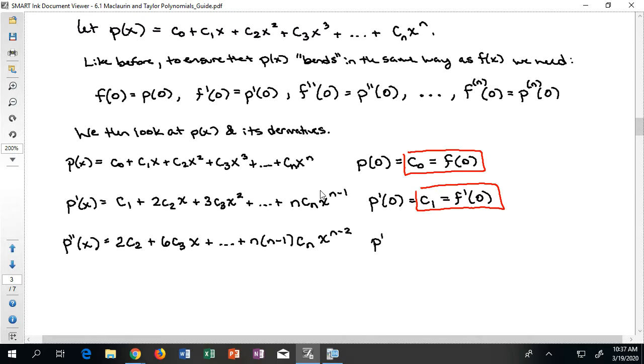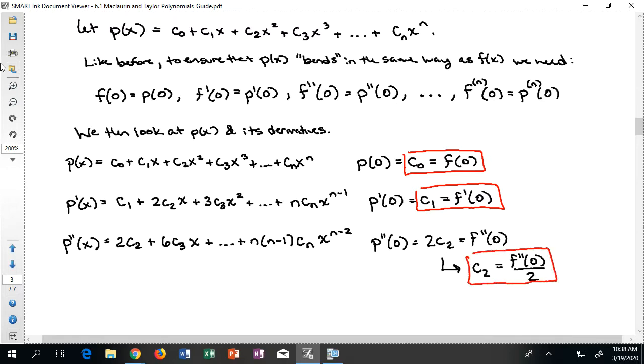Okay, and again, I know that I need this second derivative. When I plug in 0 for all the x's, I want it to eventually equal f double prime of 0. So what do you get here if you plug in 0 for all the x's? Yeah, you get 2c2. And if I want that to be equal to f double prime of 0, I can re-express that as a formula where c2 is equal to f double prime over 2.